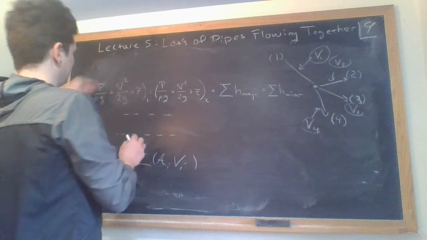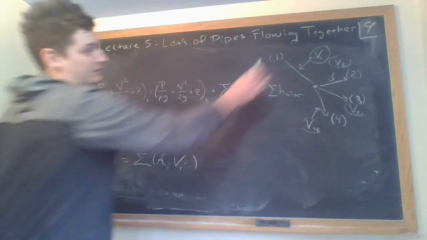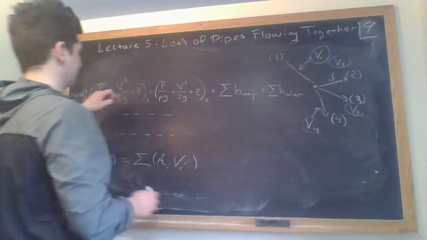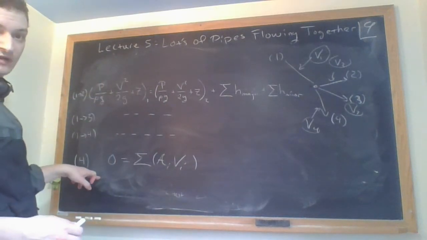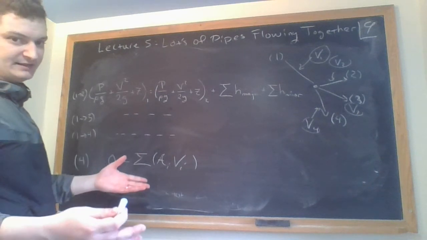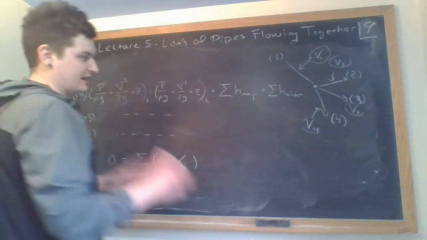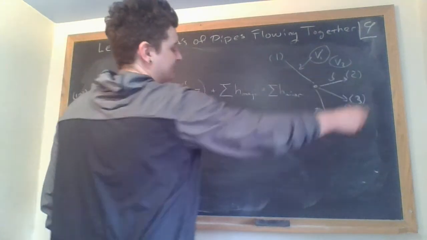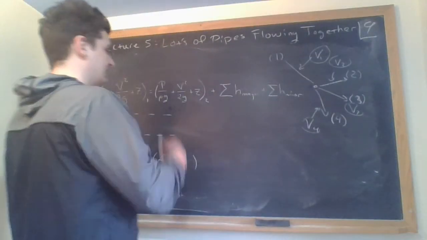So if I don't know V1, V2, V3, I need to write down 4 equations, and these are exactly what they are. After you write those down, you plug it into a computer, and now you get your velocities. But you won't get anywhere if you don't sit and realize, I don't know my velocities, so I need to write down 4 equations.